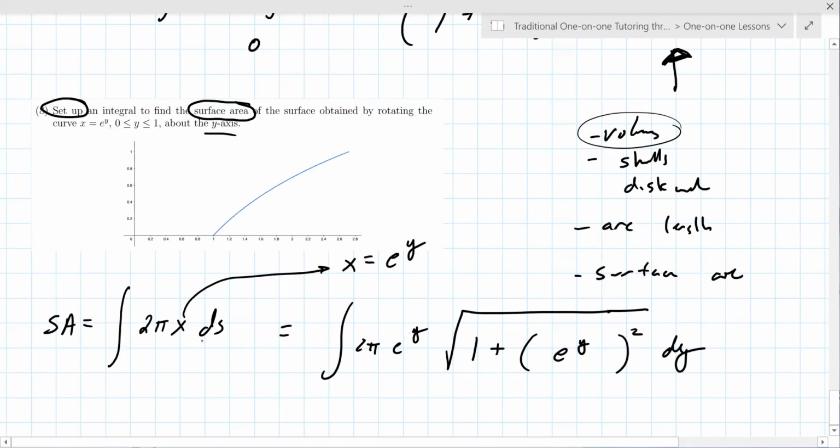Just to be clear, ds for arc length and surface area is exactly the same ds. Then we need the limits of integration. They just tell you them there, 0 to 1. So just set it up. You're done.